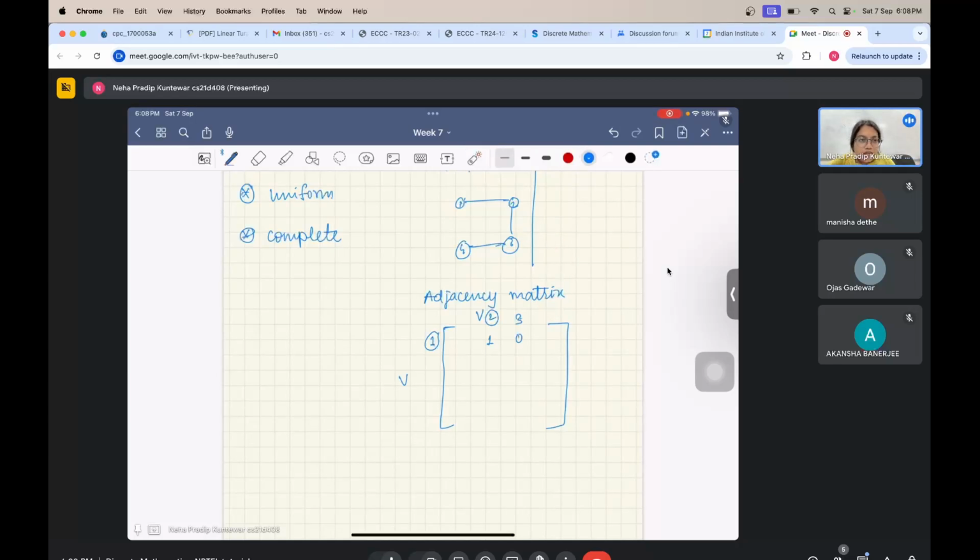Do you know any other representation which is similar to adjacency matrix, but slightly different from it? Okay, have you heard of something called an incidence matrix?